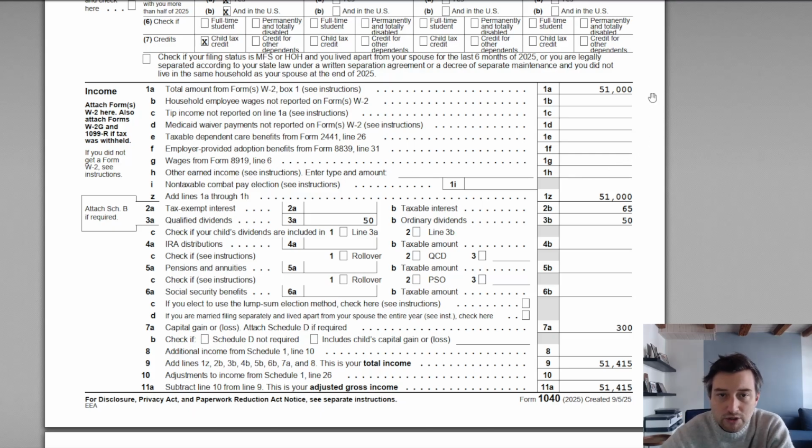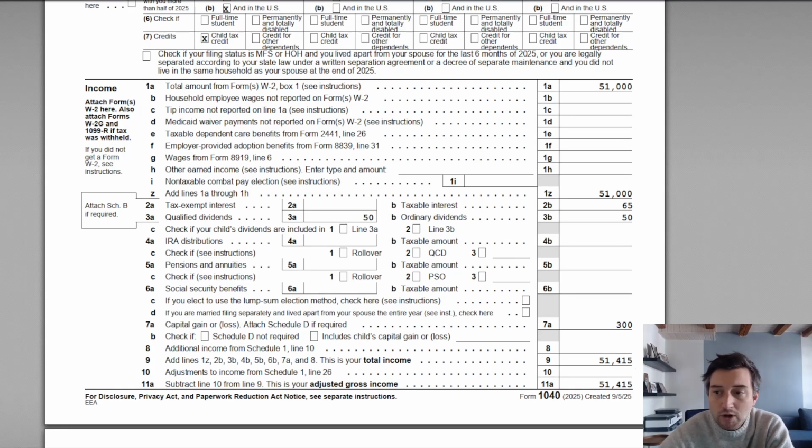So in our case, the only earned income they have for the year is that W-2 income of $51,000. So that's our earned income. And so that's why we're not reporting all of the AGI on that line 1. We're only reporting the earned income figure up there.